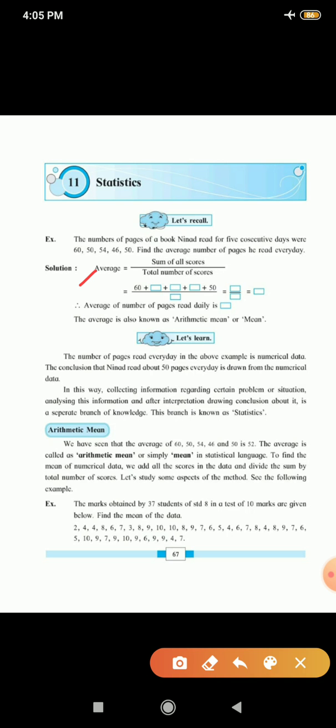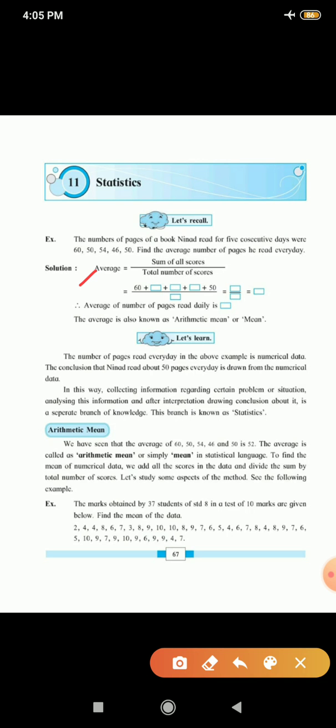Now you people must be finding out the average of the scores in your exam, right? For example, the total number of marks you obtain in unit test 1 divided by total number of subjects will get the average marks of yours. Similarly, we teachers also find the average attendance of the child per month.